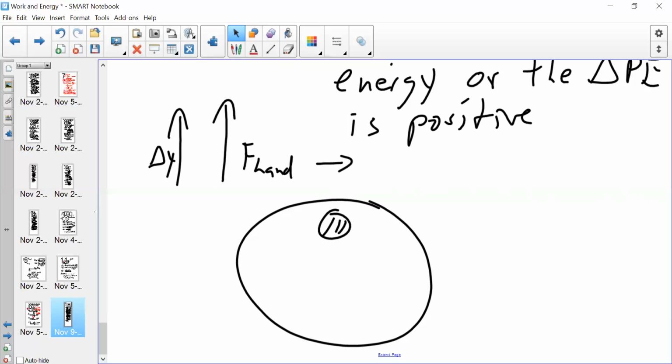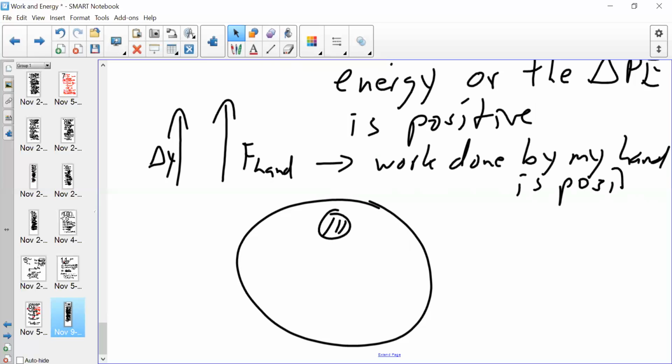If I raise an object into the air, the work done by my hand, your hand, is positive, and there's an increase in potential.